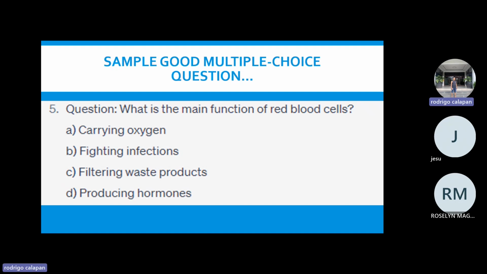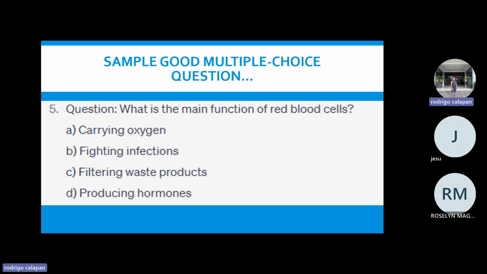The last sample question here for a good multiple choice question. What is the main function of red blood cells? A, carrying oxygen; B, fighting infection; C, filtering waste products; D, producing hormones.